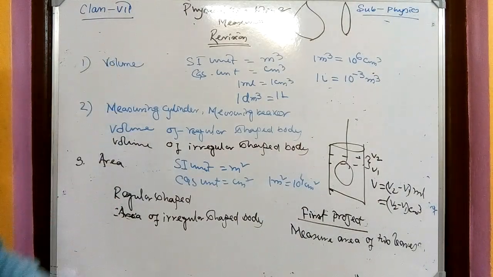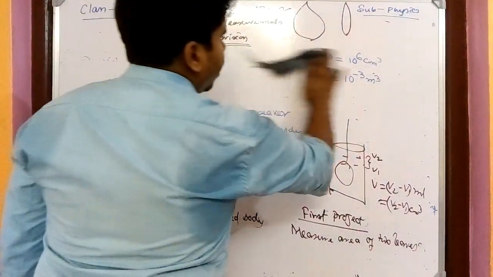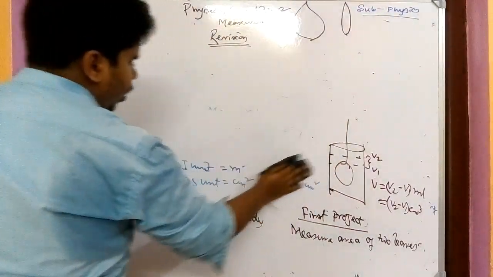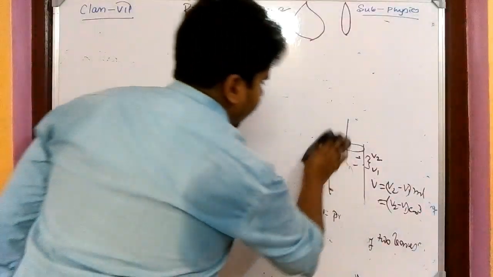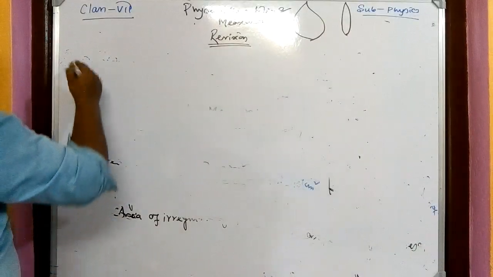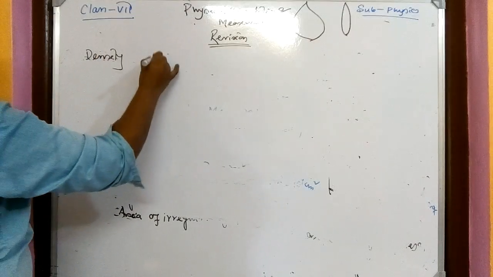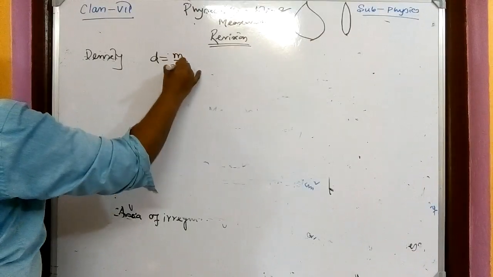I'm coming to the next part. So this is all about volume and area. Next, the most important part of this chapter, that is density. So next we have learned about density. Density, as I have just told, is mass per unit volume.